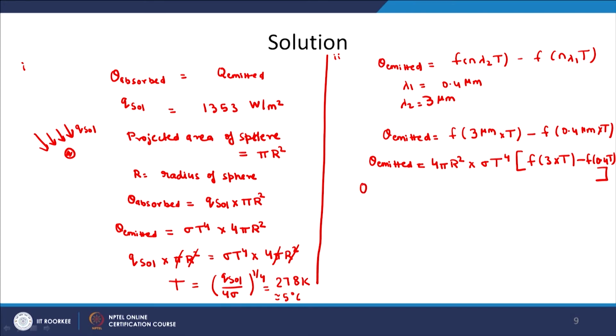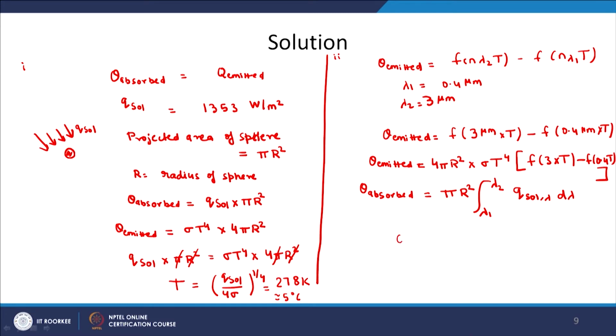Now, let us see how much energy is absorbed. So, energy absorbed by the sphere will also be in the same range. We multiply by area pi r square, and then we integrate from lambda 1 to lambda 2 the solar spectrum, q solar lambda, times d lambda.